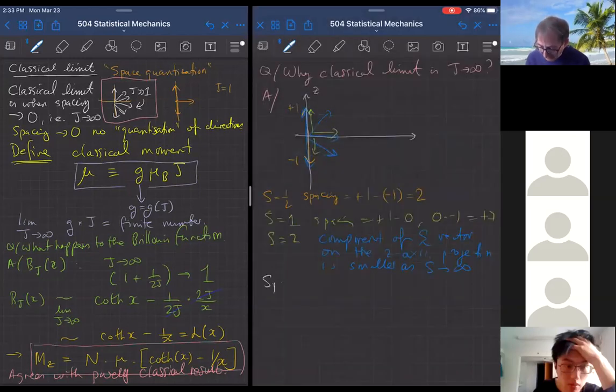I need to clean my screen because of my hand. So it's the spacing in the z direction that is the thing that has to be small with respect to kT.